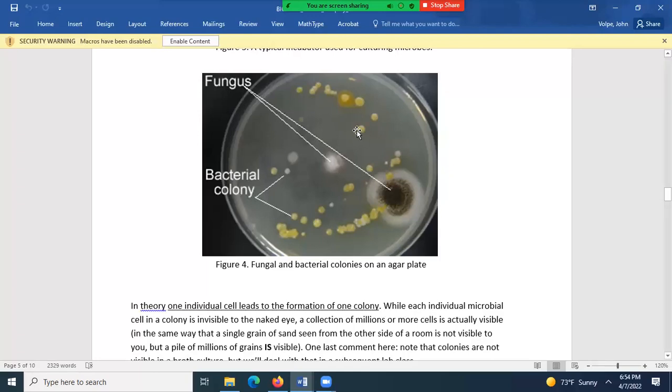That single cell divides by binary fission into more and more cells. When you get about 1 million, it'll be big enough. That colony there probably has 1 million cells, and these here have several million, maybe even hundreds of millions of cells, depending on how big the cells are.